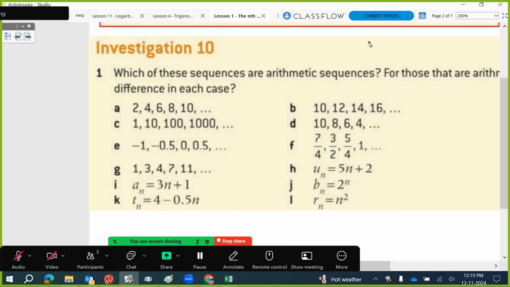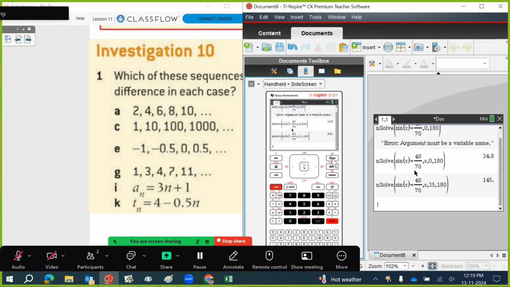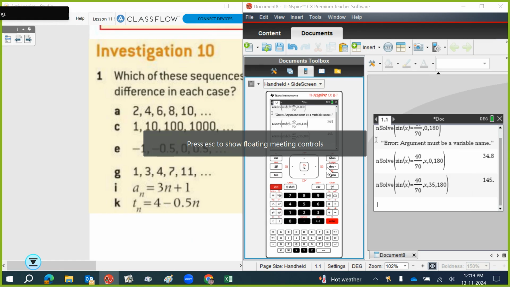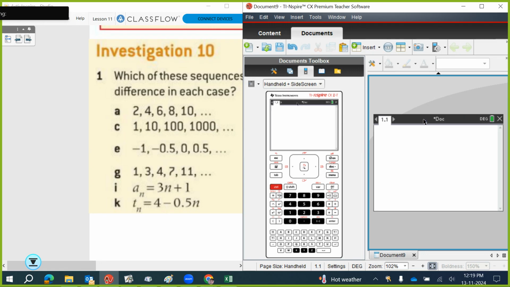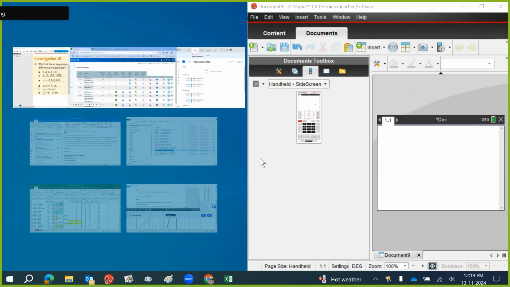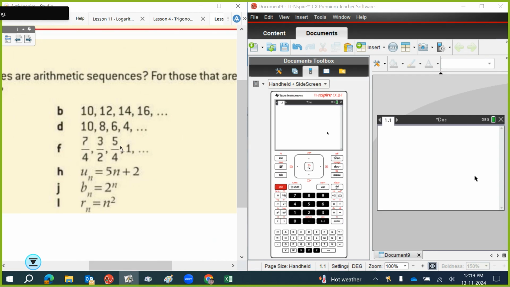This sequence F was a little bit tricky to work with, so I'm going to work with it on my calculator and show you the calculator strategies for this. If we take these terms, 5 over 4 and 3 over 2, take 5 over 4 and then subtract 3 over 2.